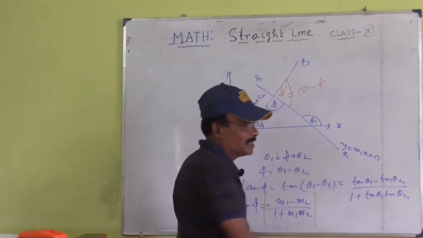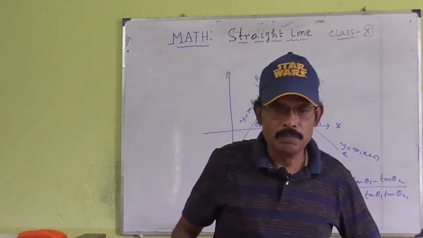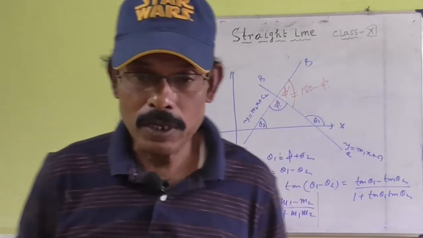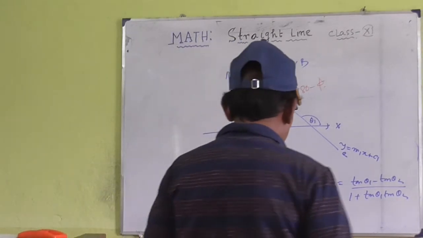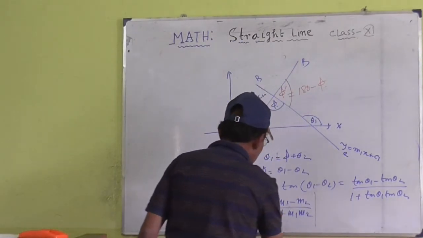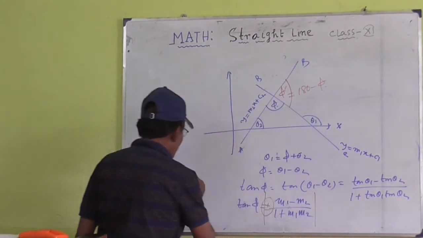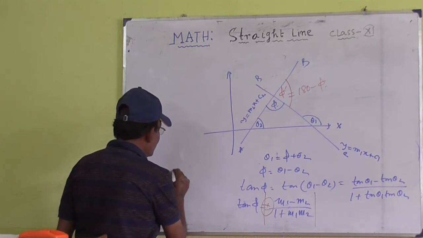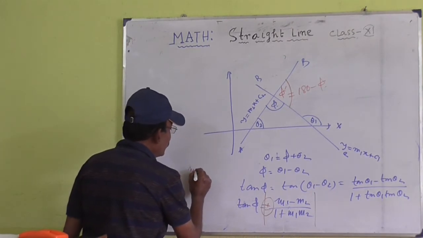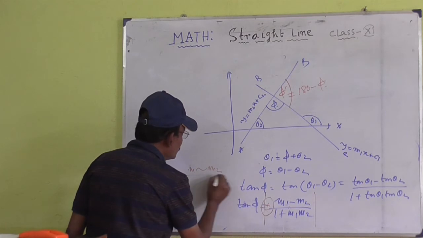If we use mod, this must be positive. Otherwise this omits, and we must write tan phi equals mod of m1 minus m2 by 1 plus m1 m2.